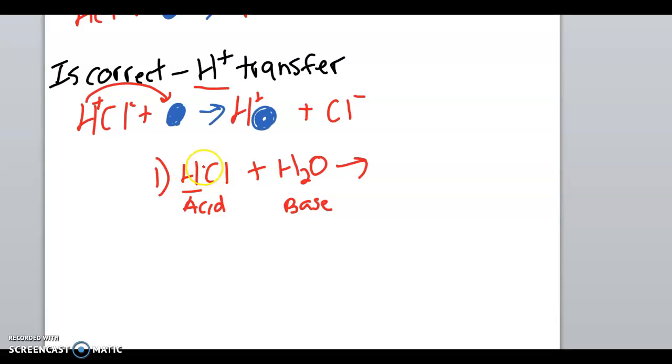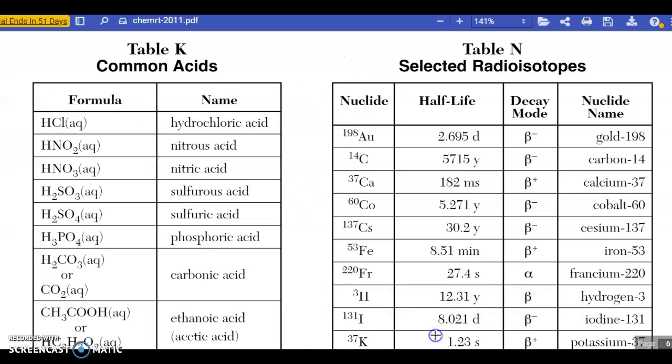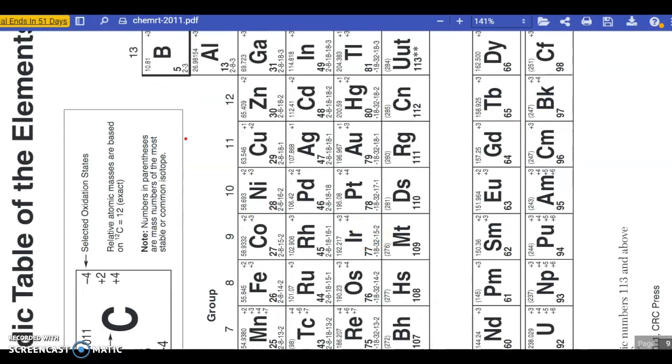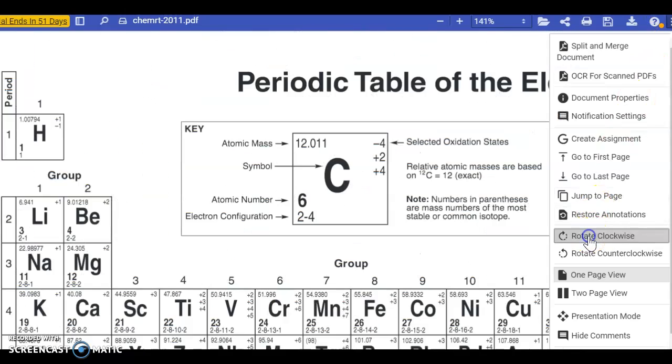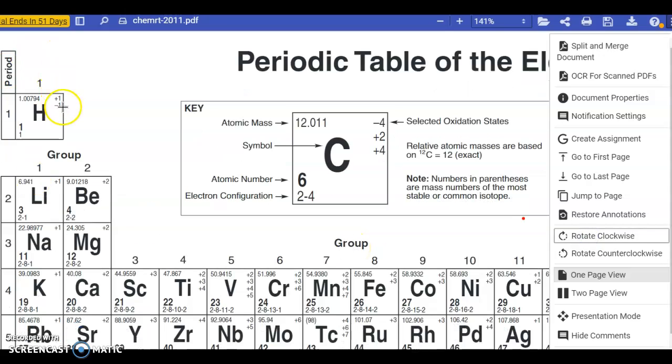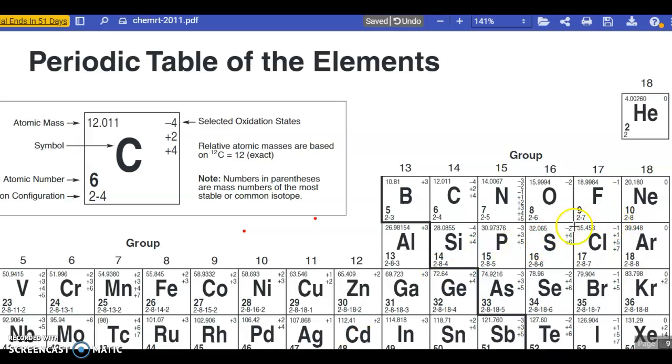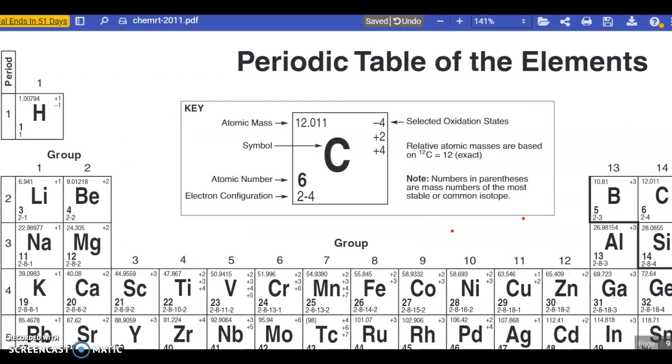So this acid, even though you don't see the charges of the ions, you know that hydrogen, and we could go back to our reference table really quick, hydrogen can take on a positive or a negative charge, but because it is with chlorine, chlorine likes to gain 1 electron, so chlorine is going to be -1, and hydrogen is going to be +1.